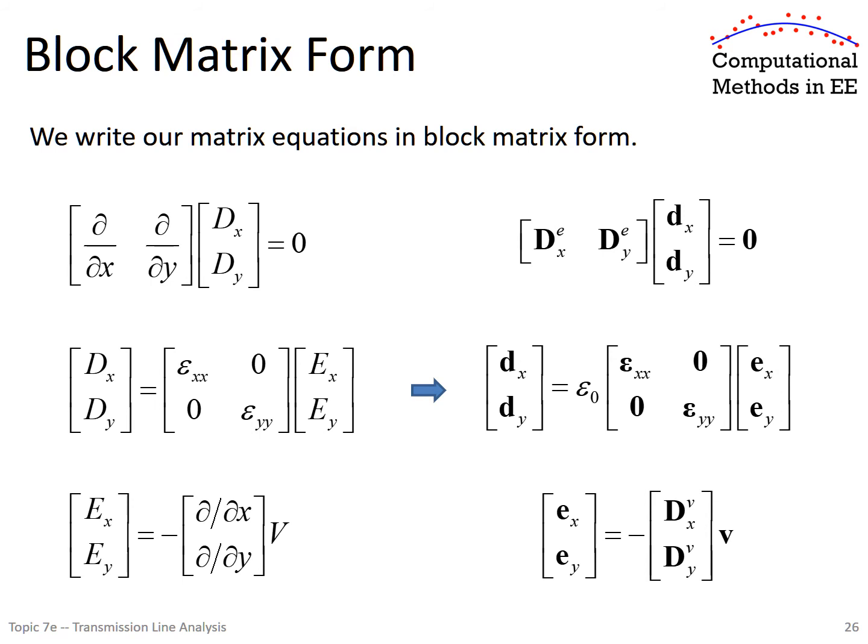So on the left were our analytical governing equations, if you will, and on the right now in block matrix form are really the numerical equivalents of that, the matrix equivalents of that. And so we'll substitute these into each other the same way we did the analytical equations. So let's go ahead and do that.